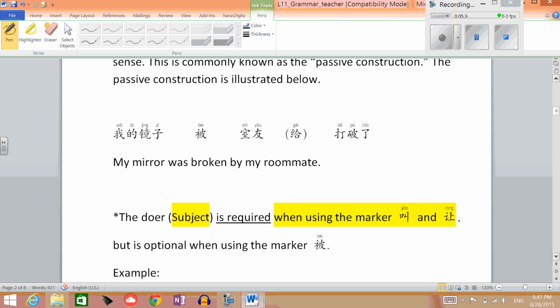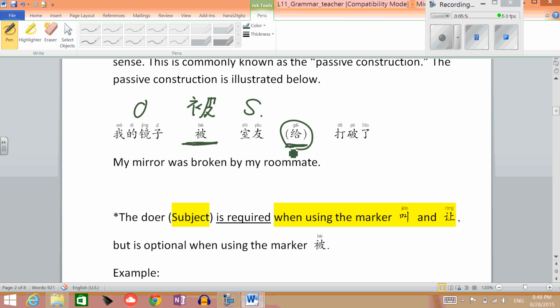我的镜子 is an object. 被 so object 被室友, subject, action doer. So object is the action receiver. 给打破了. So here you can see 给. It's in parentheses, and 给 is optional when you use 被 as a passive sense marker. 给 here does not mean to give anymore.